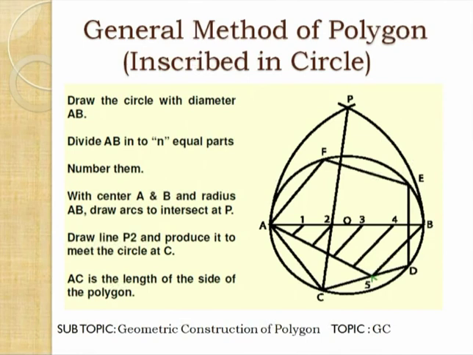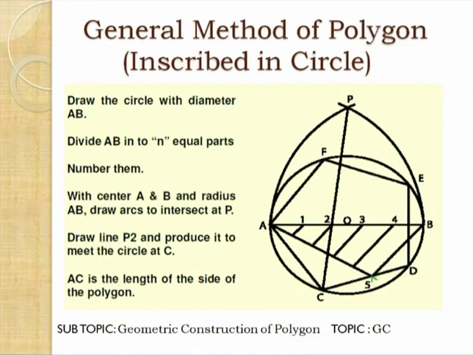Again, taking center B and the same radius AB, you draw another arc which will intersect the previous arc at point P. You join point P with 2 and extend, so on the periphery of the circle you will get the point C. You join A with C, so AC is the length of the side of the pentagon.